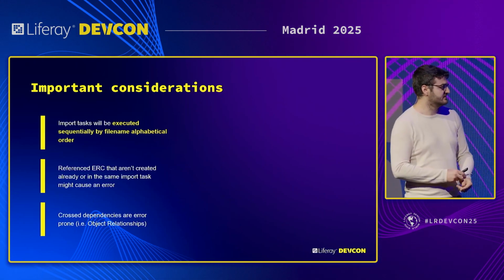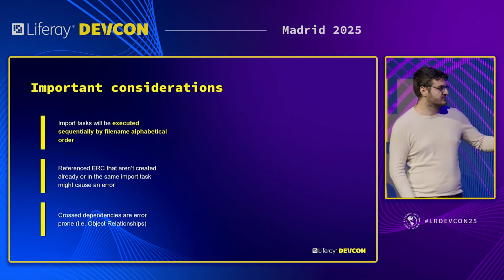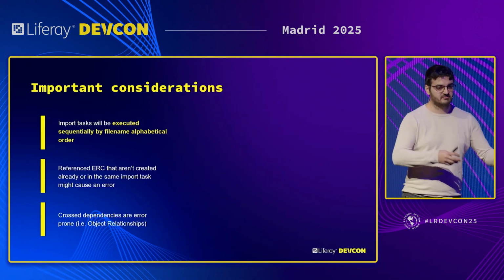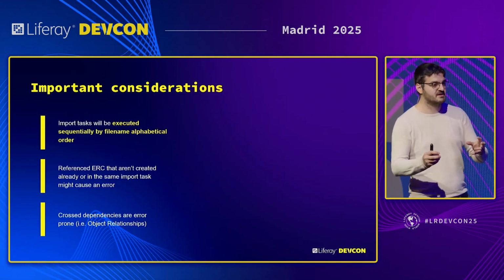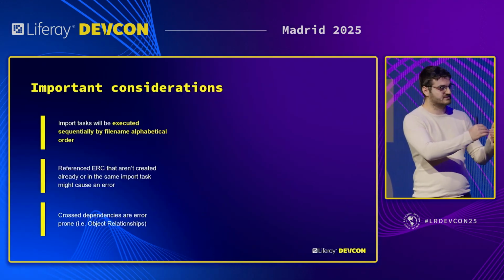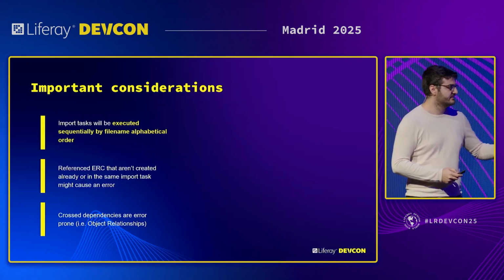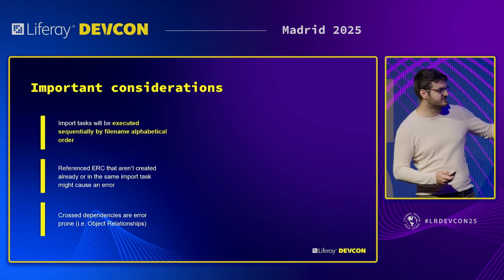Cross dependencies are prone to cause errors. For example, object relationships with many-to-many relationships or circular relationships. You have objects that depend on other objects, and those have dependencies on the first ones, and that can cause errors in some cases.